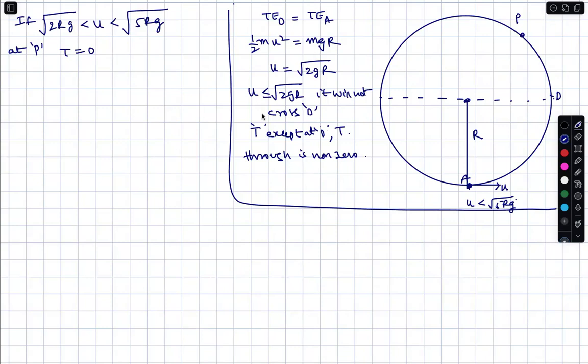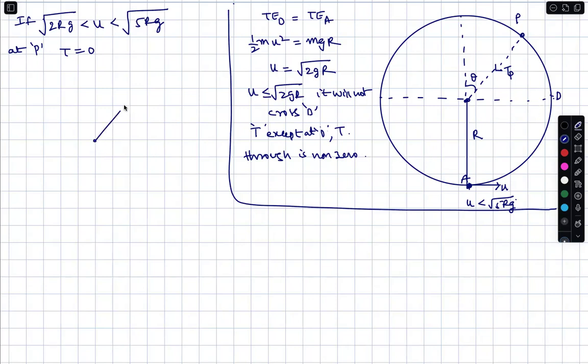Right. At point P, assume tension is 0. By that time, the radius makes some angle theta with the vertical radius. Vertical, not horizontal, because usually we refer to theta as less than 90 degrees, for comfort. Therefore, with the vertical, I am taking it as theta.